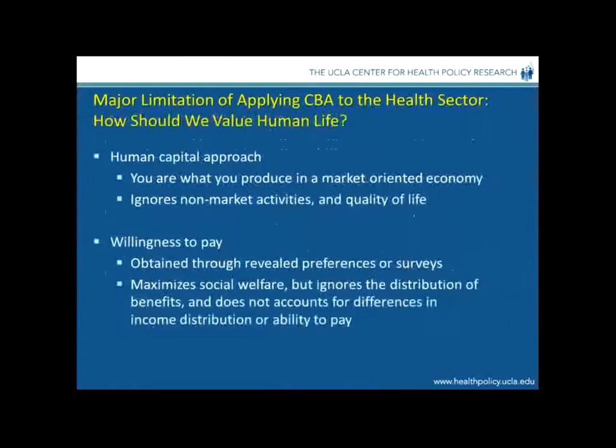So, I guess before I move on, the bottom line is that this is the primary reason why cost-benefit analysis is not done very often in assessing healthcare technology. It's difficult to solve these problems, and it means that we're more likely to find value in healthcare interventions that improve the health of workers and exclude the health benefits of either the young or the old, or people who are not actively engaged in the market economy.